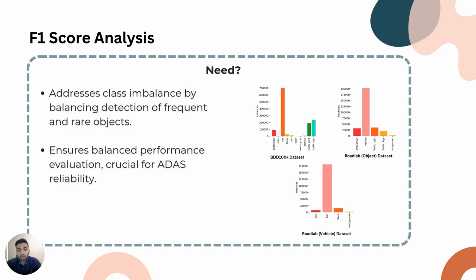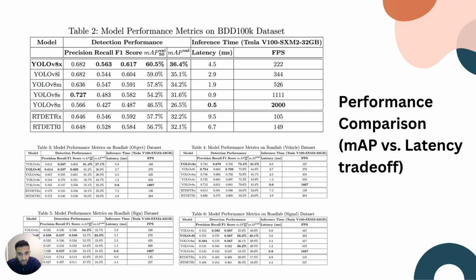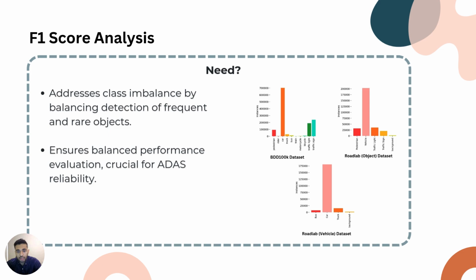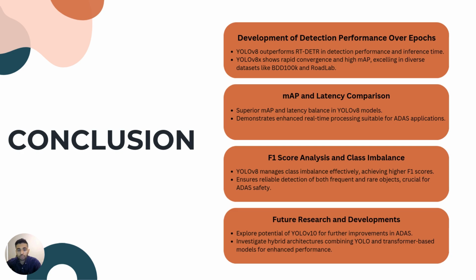So in almost all the cases, that's the result. You can observe the F1 scores in the tables here, and in the research paper published, YOLO performs better than RT-DETRs even in the case of F1 score analysis. So those were the findings of the paper.